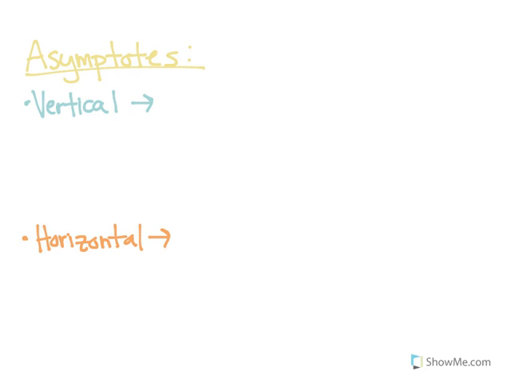So let's talk about the asymptotes of our rational functions. Our vertical asymptotes will always have the equation x equals, and then wherever it passes through the x-intercept. And our horizontal asymptotes will always have the equation of y equals, and then wherever it intercepts the y-axis.